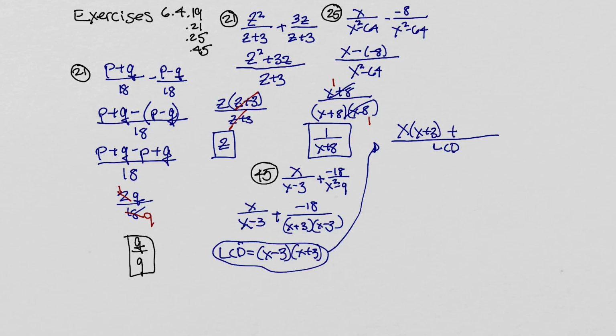And then we'll have a plus. Then we've got this negative 18 here. Now compare this original denominator to the new one. It's right below each other. No change, right? There's no adjustment in the original denominator, so no adjustment to this numerator. We're just going to have negative 18.